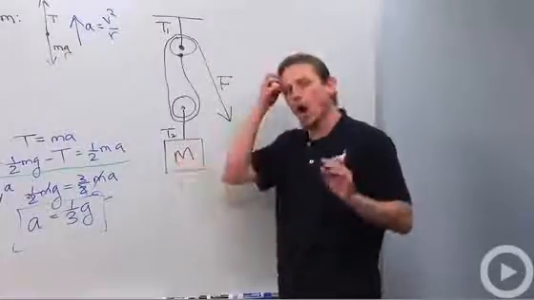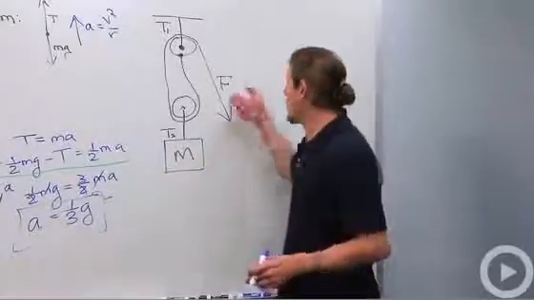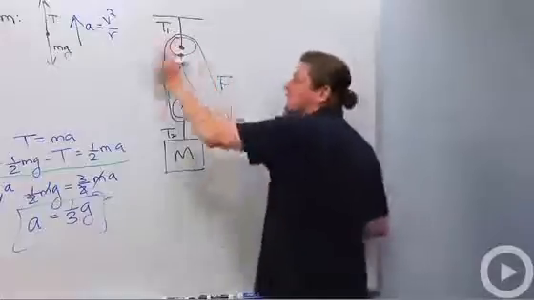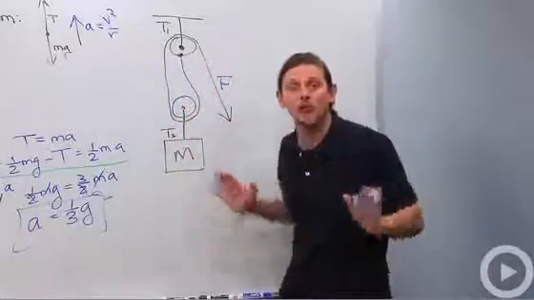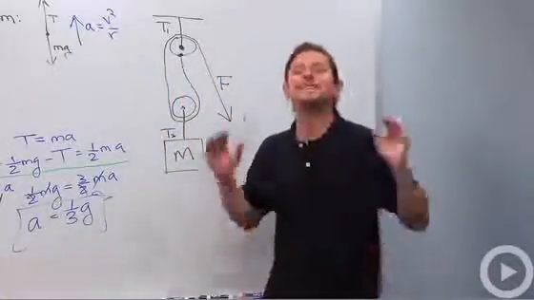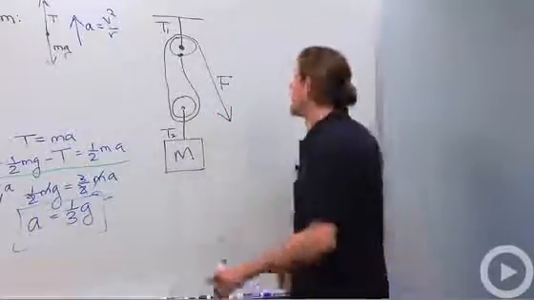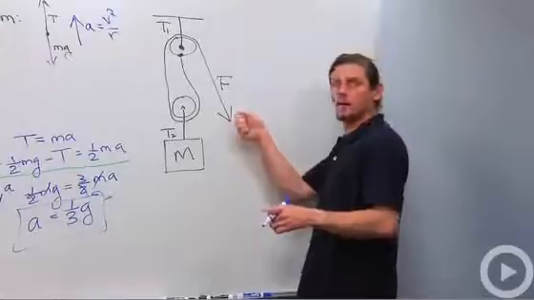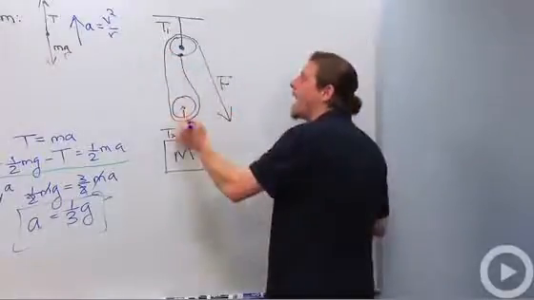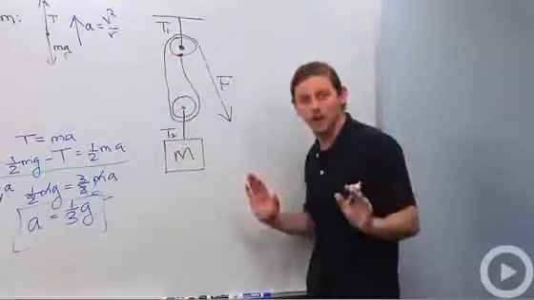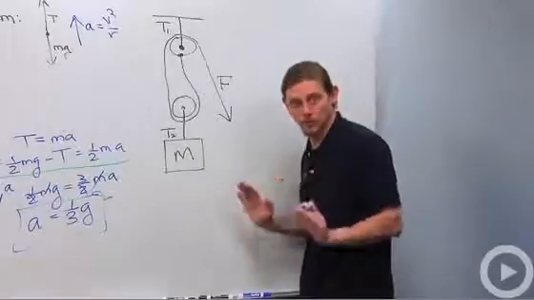All right, so let's go ahead and determine first off what's going to be the tension in this string. Now remember, this string is all one string. That means its tension has to be the same throughout. Well, I'm pulling with F here, so that means the tension in this string has to be F all the way through.